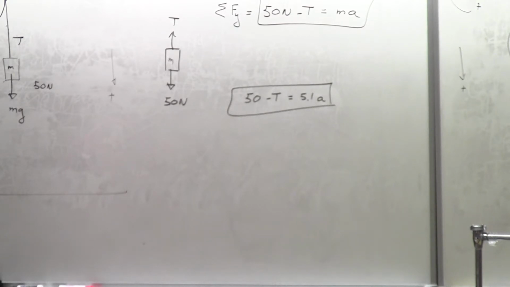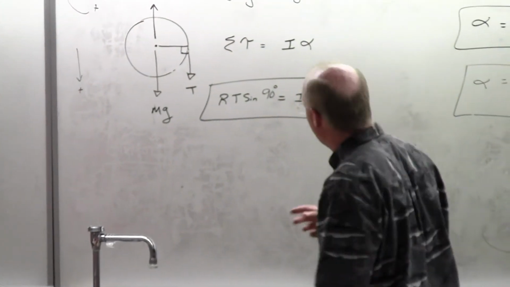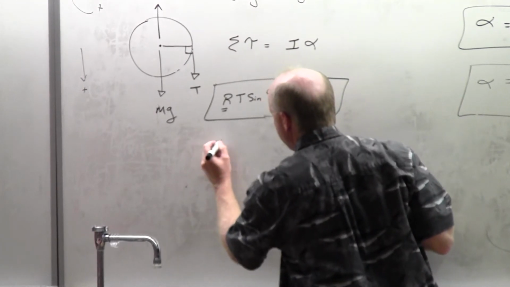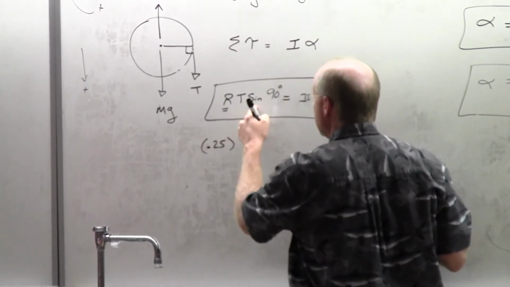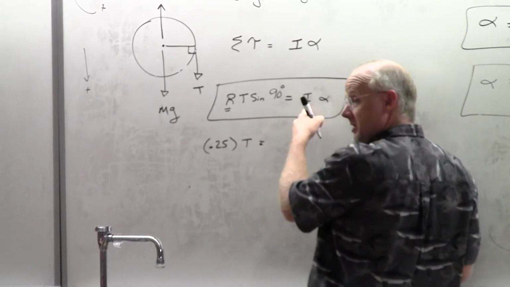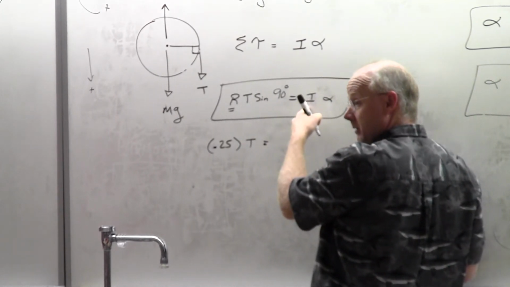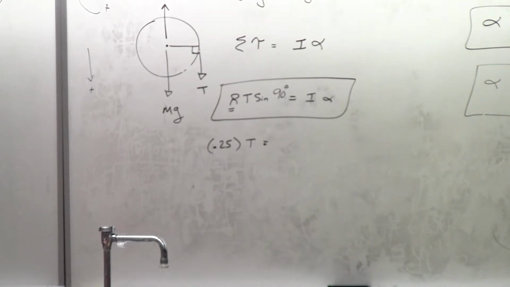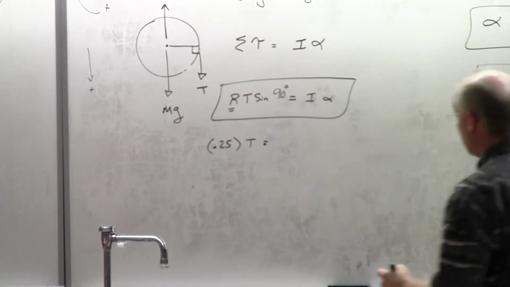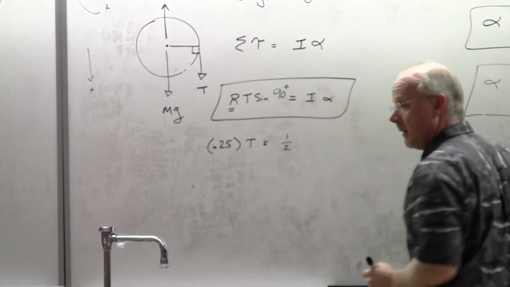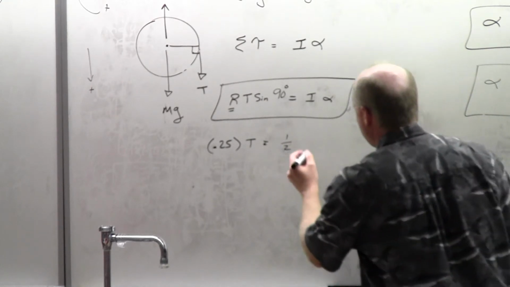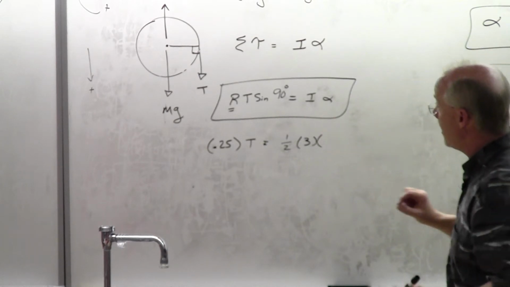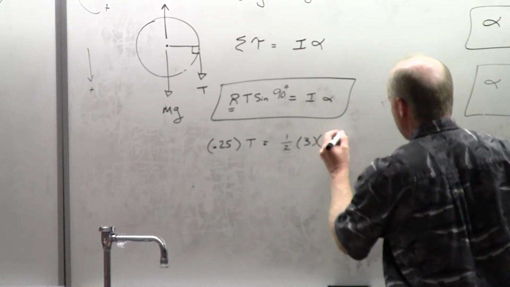Then over here, I can do exactly the same thing. Let me put in what I know. I know the R, that's the radius of this reel, so that's 0.25. T is unknown. Sine of 90 degrees is 1. Ooh, what's this one? I, the moment of inertia of a reel. Do I know that one? Yeah. Didn't we learn it was 1/2 times its mass, which is now 3, times its radius squared, which is 0.25 squared.